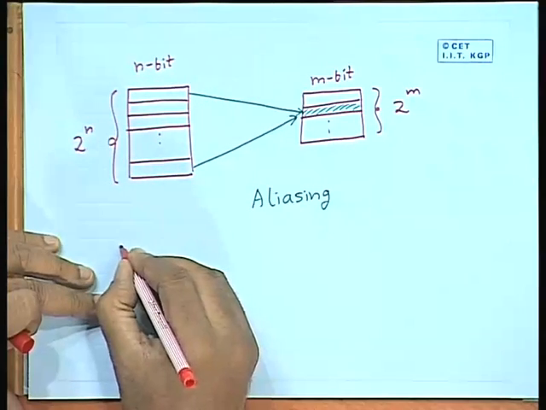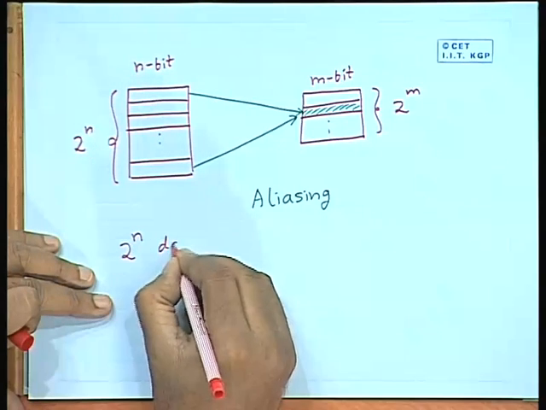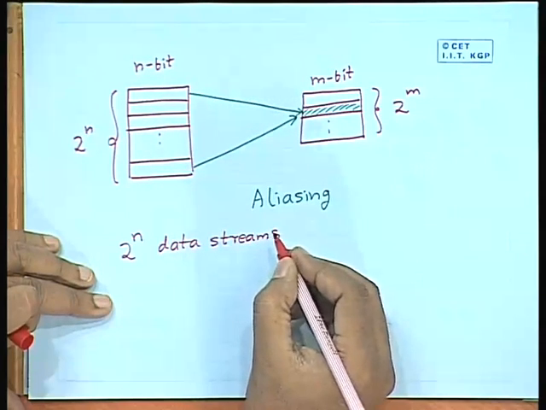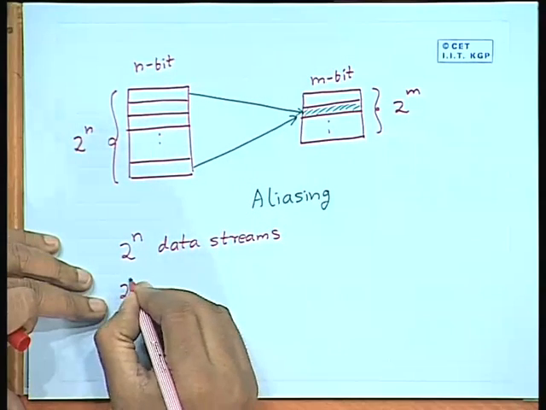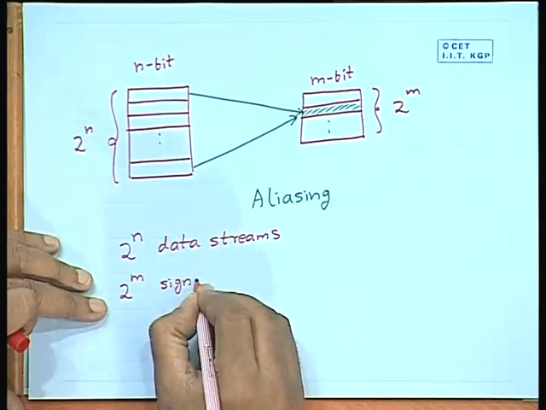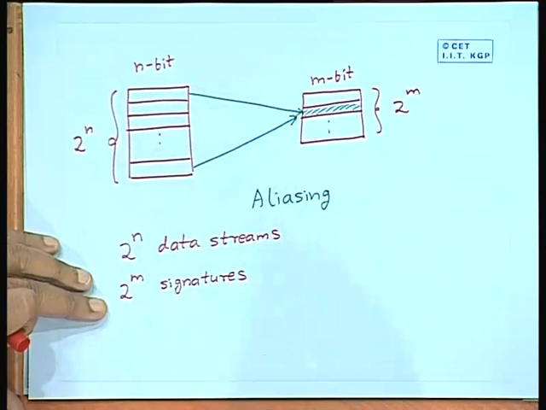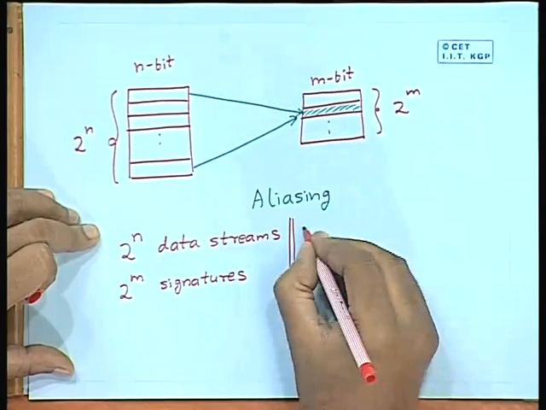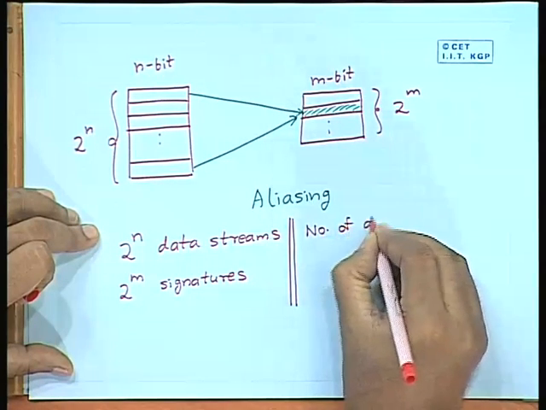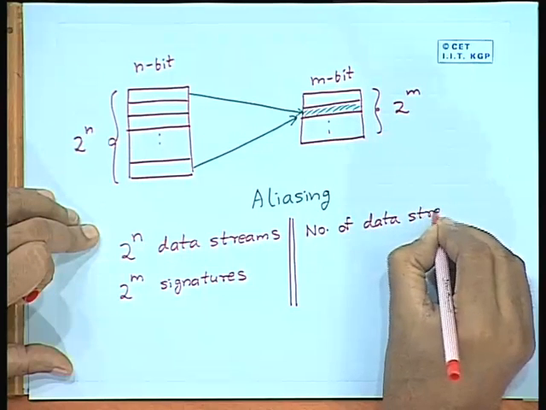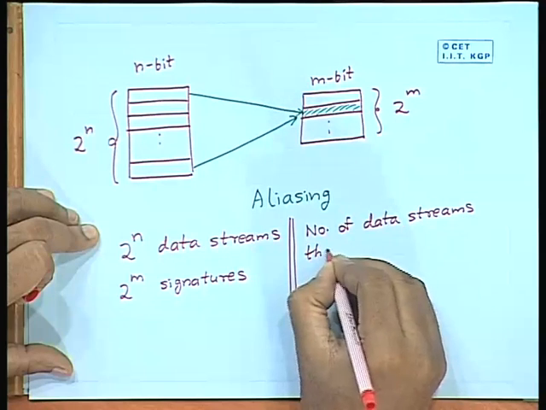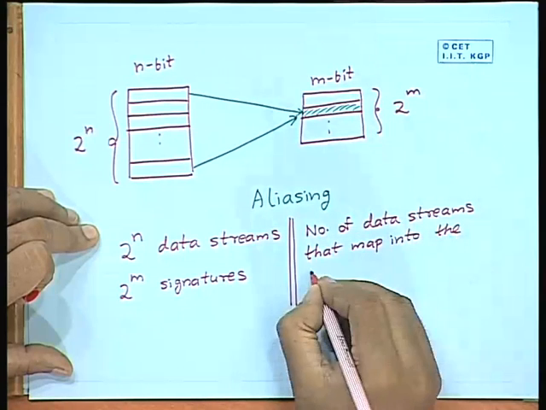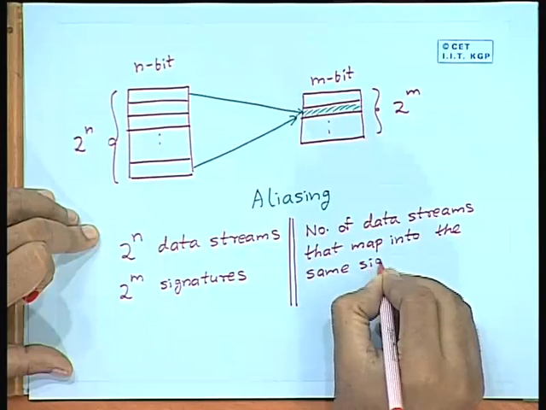So, what we have just said is that we have 2 to the power n possible data streams, and we have 2 to the power m different signatures. Now, from these we are trying to find out the number of data streams that map into the same signature.